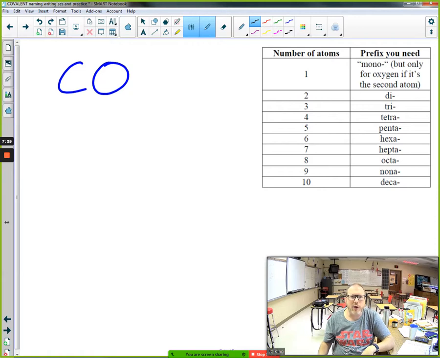Okay, how about this one? My first atom, carbon, is a nonmetal, and oxygen's a nonmetal. I don't have to use more than one for the prefix on carbon, so I'm just going to say carbon. Wow, that's bad.